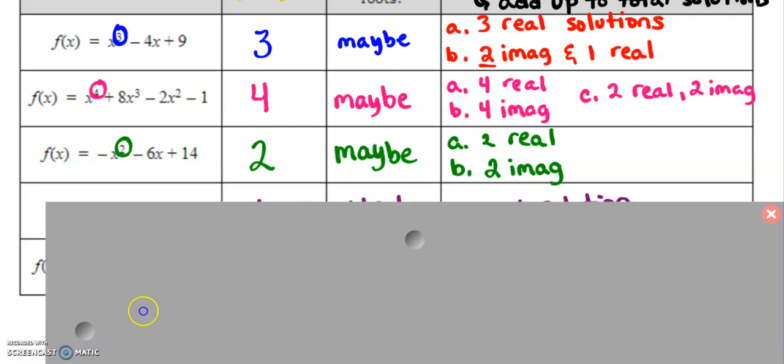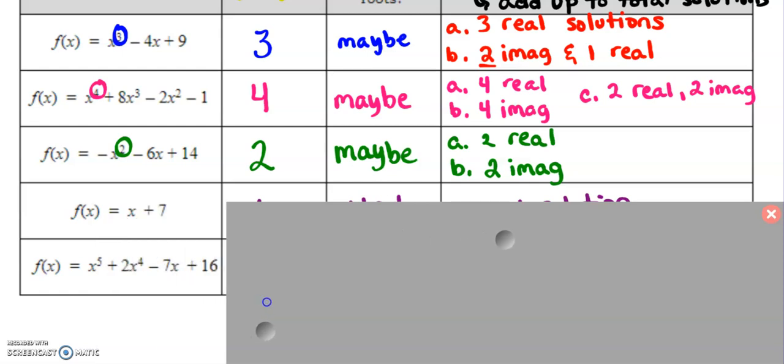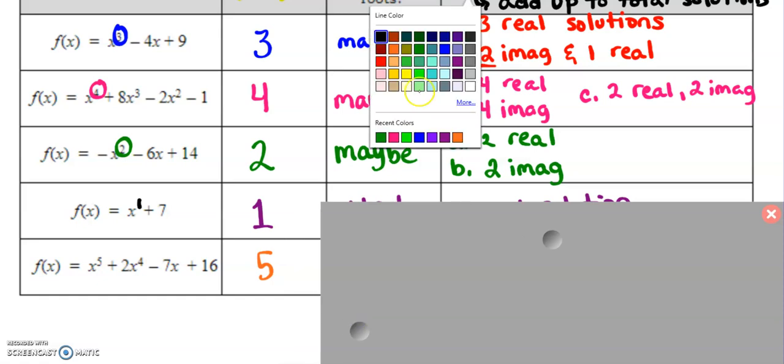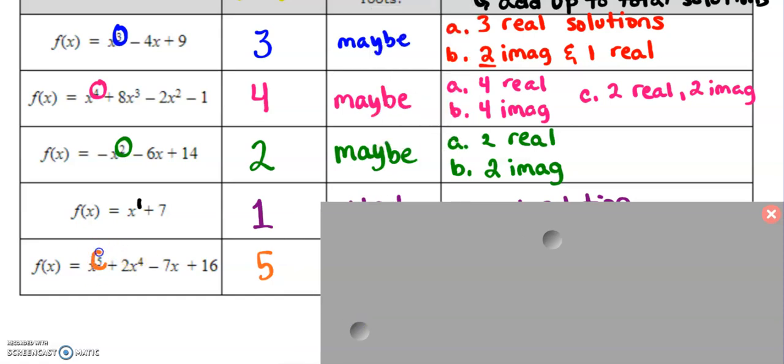All right, now the next one, it has a degree that's kind of hiding here. It's a 1, okay? So that degree is 1, and I'm going to give you just a little heads up that the 1 at the bottom has a degree of 5, okay? So here's the deal.